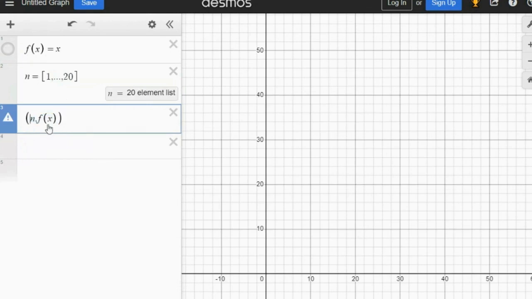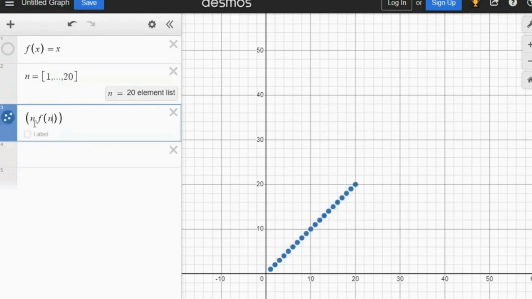No, it's n, comma, f of x. If I did n2, it's that. If I do f of x, oh, it's not f of x, it's f of n. N and f of n, which means take whatever term it is and substitute it in for x.